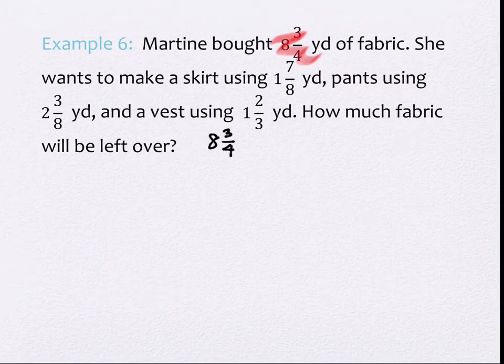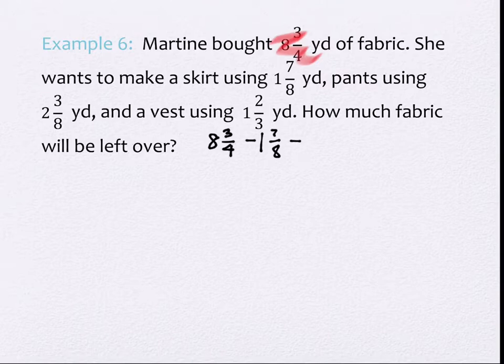We'll put the YD for yards on at the end. And we're trying to take off each of the pieces. Literally, if we were doing this problem in real life, cutting the fabric, not doing the math problem, you would actually cut off 1 2/3. I'm sorry, 7/8 is what's listed first, so I'll start with that one. You would cut off the 1 7/8.